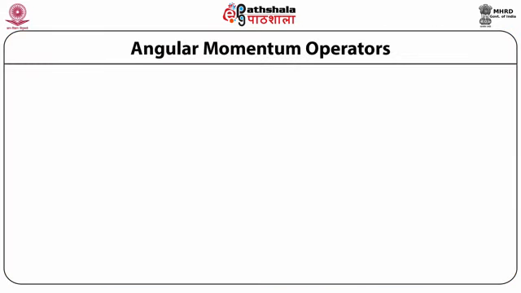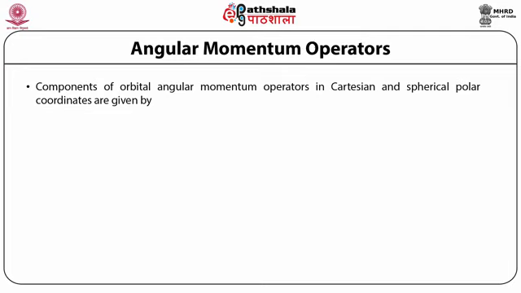Angular momentum operators. Now let us discuss the different components of the orbital angular momentum operators, both in the Cartesian coordinate system as well as in the spherical polar coordinate system.